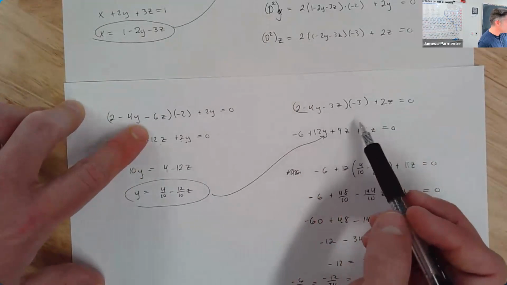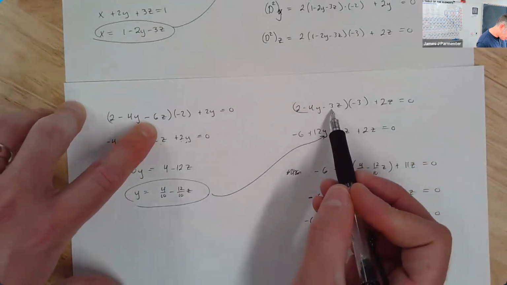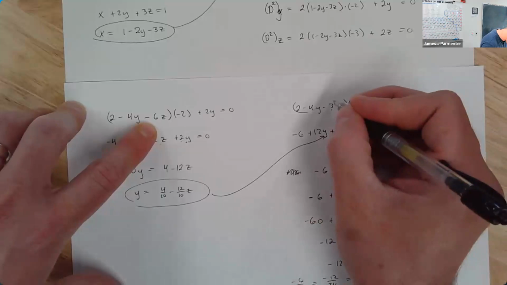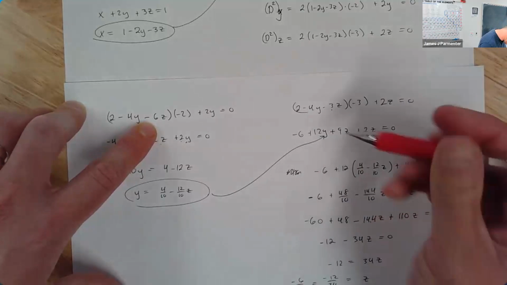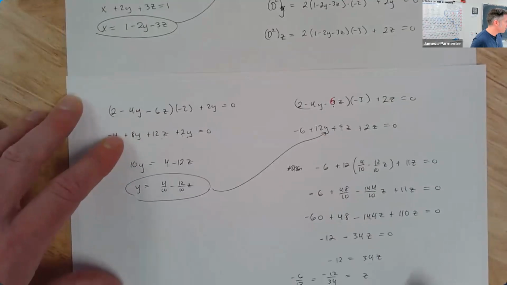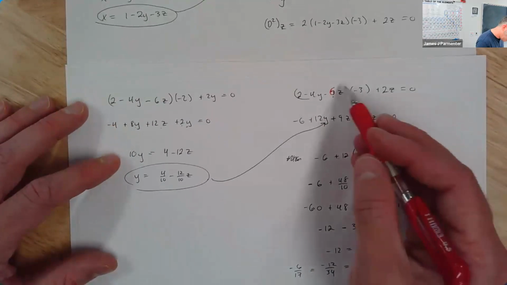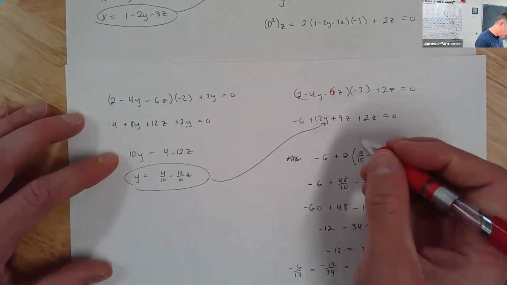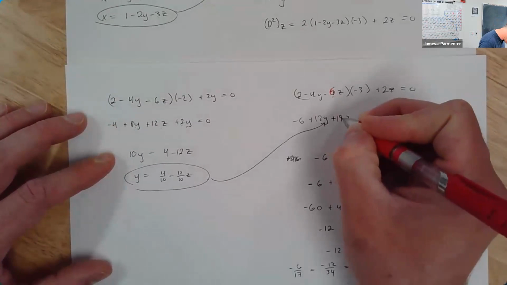Oh, I see it. I see the mistake. That negative 3z should have really been a negative 6z when I multiplied the 2 through. Sorry about that. This goes to show we have to be really careful when we're doing these things. So then negative 6 times negative 3 would have been a positive 18.